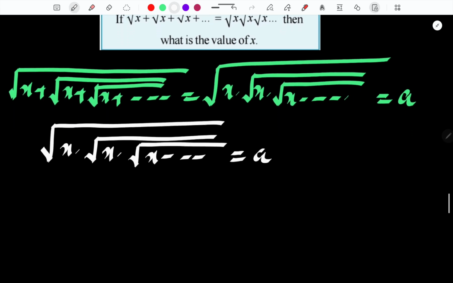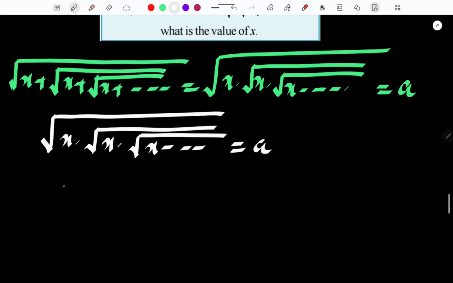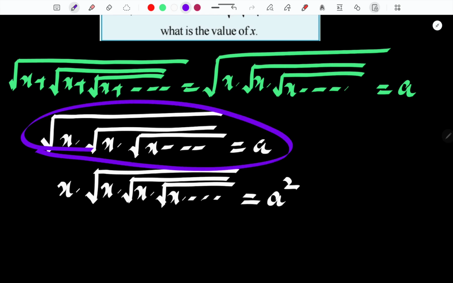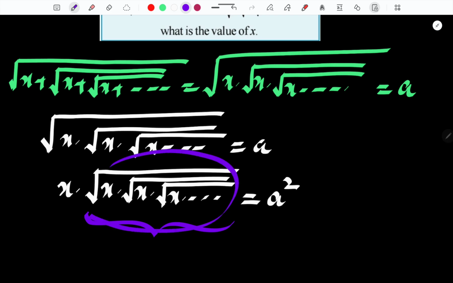Now let us do squaring on both sides for this. If you square both sides, you will get root of x into root of x into root of x into so on up to infinity equals a square. If you observe this part and this part, both are same, therefore this part we can replace with a.